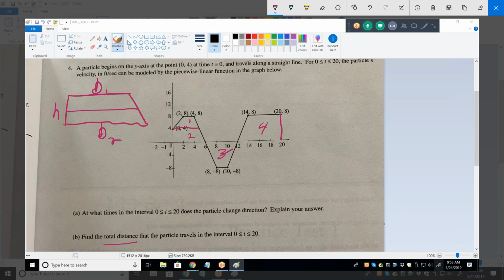As long as you know the bases are the parallel lines. In other words, this is base 1, this is base 2, that's base 1, that's base 2, base 1, base 2, base 1, base 2. And frequently in calculus, these trapezoids are oriented 90 degrees from the way you're used to looking at them.